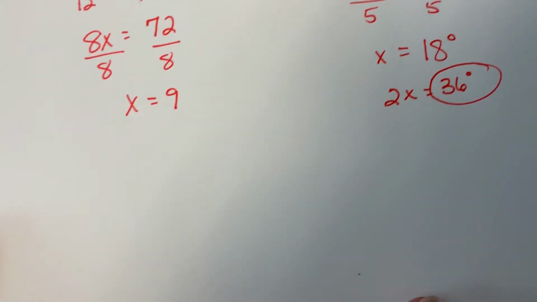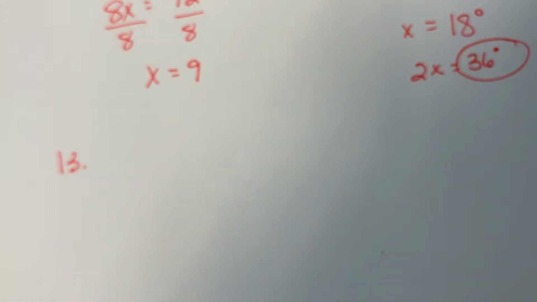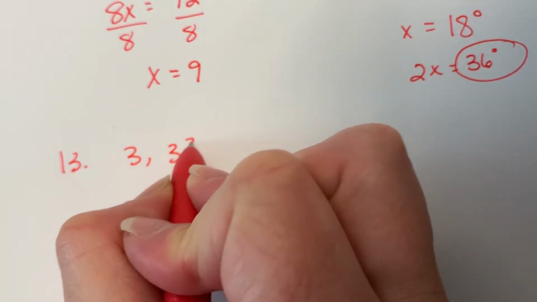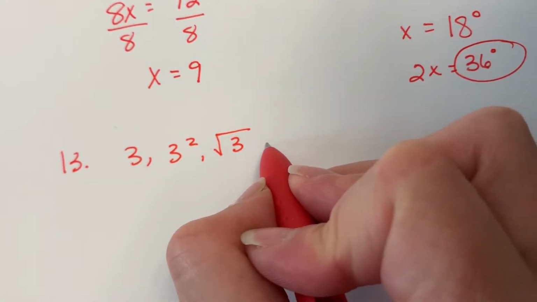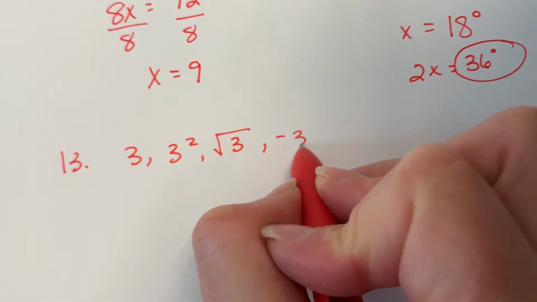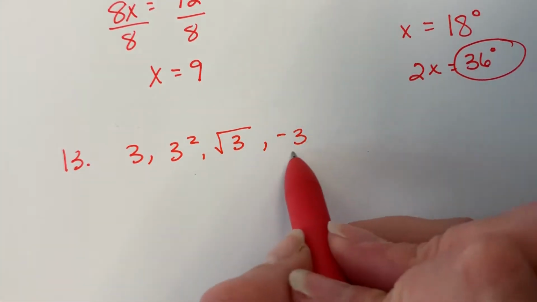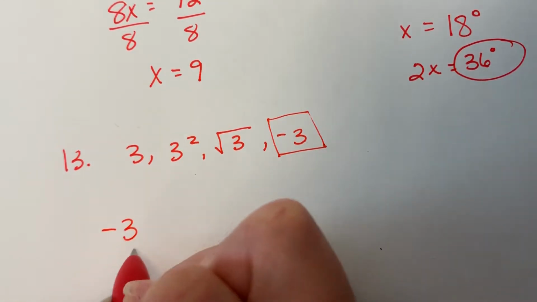All right, number 13. Number 13 says, arrange in order from least to greatest, 3 squared, the square root of 3, and -3. All right, well, first of all, we know that this one is our least because it's our only negative. So -3.